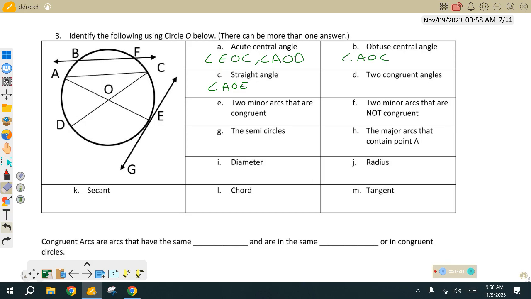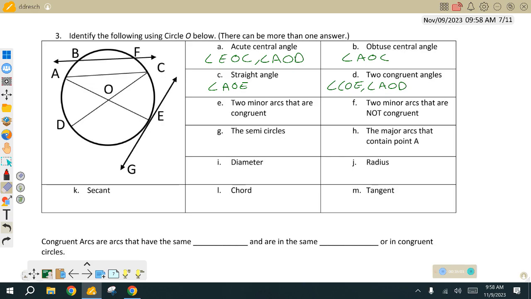2 congruent angles. DOC and what? AOE. I could do those 2 straights. Or I could do my verticals. COE. Yep. And AOD. There's my vertical angles in action there. Okay.